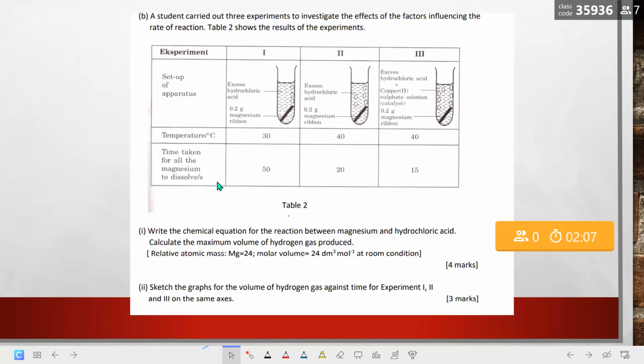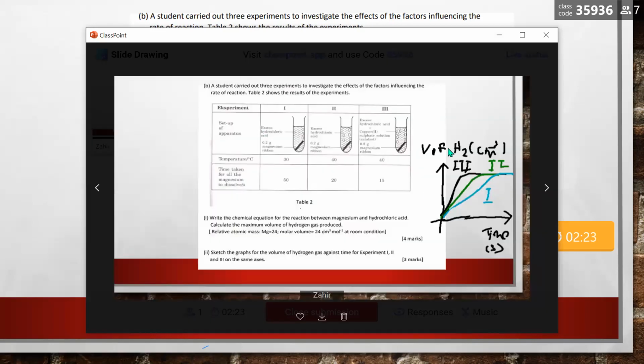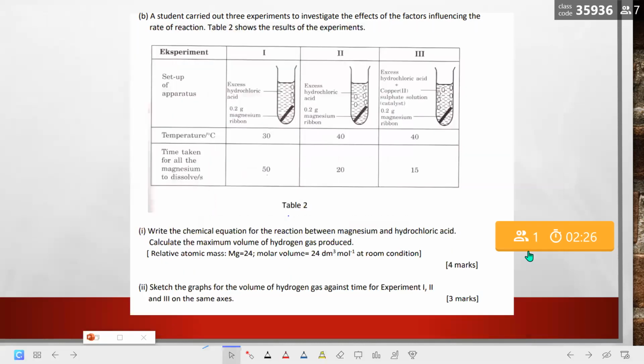So teacher's asking to sketch a graph on the same axis. Don't worry if your answer is wrong. I just want to see whether you understand it. I have one person's answer, but I'm not going to show it just yet, because I don't want the rest to see it yet.